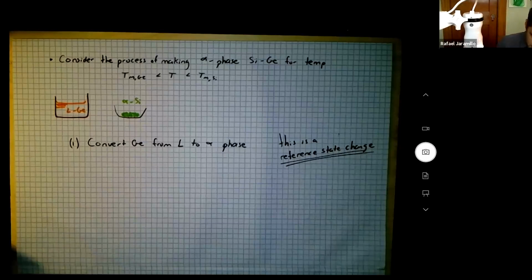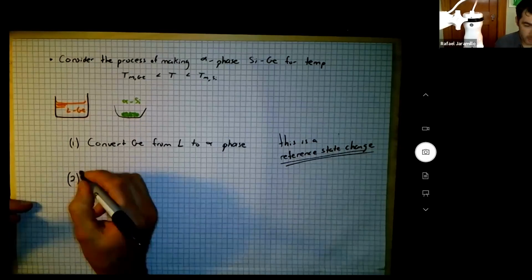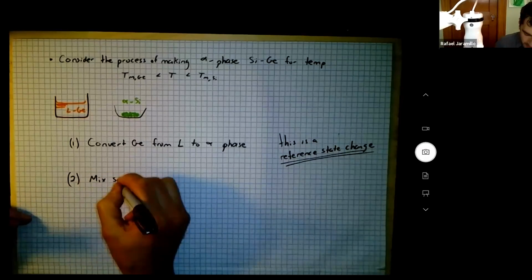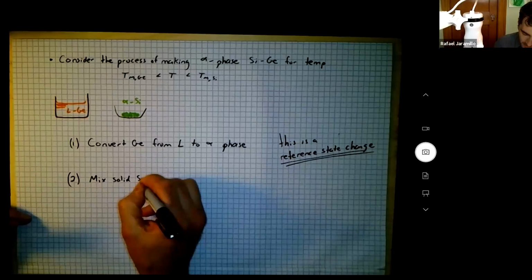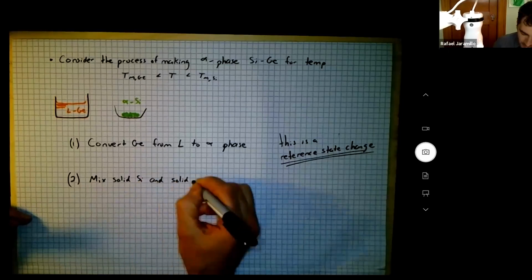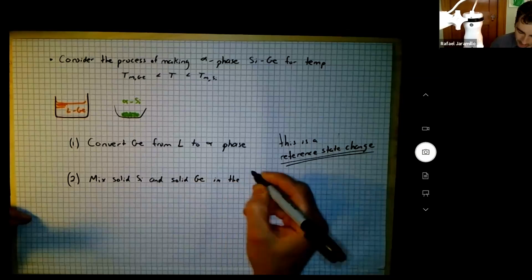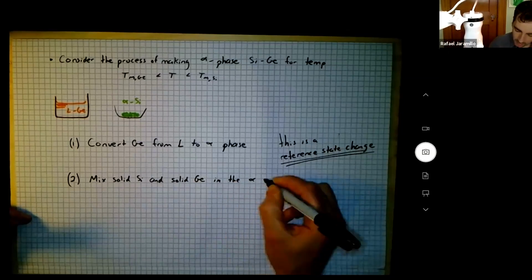The second thing I'm going to do is mix solid silicon and solid germanium in the alpha structure.